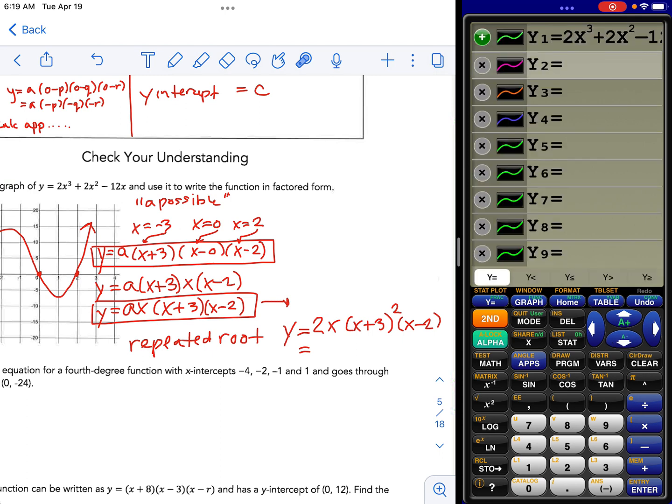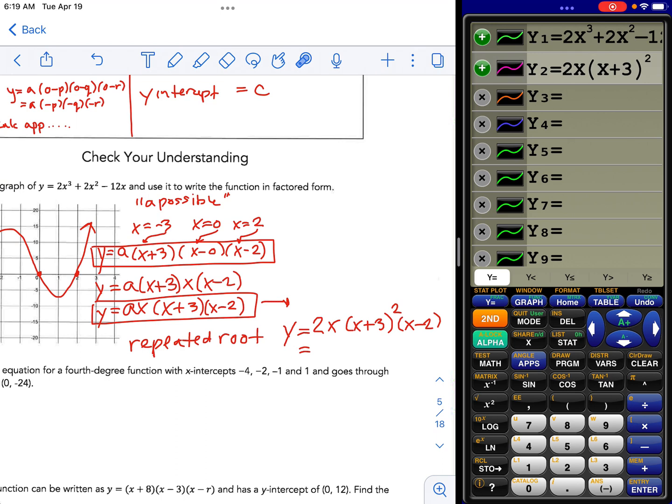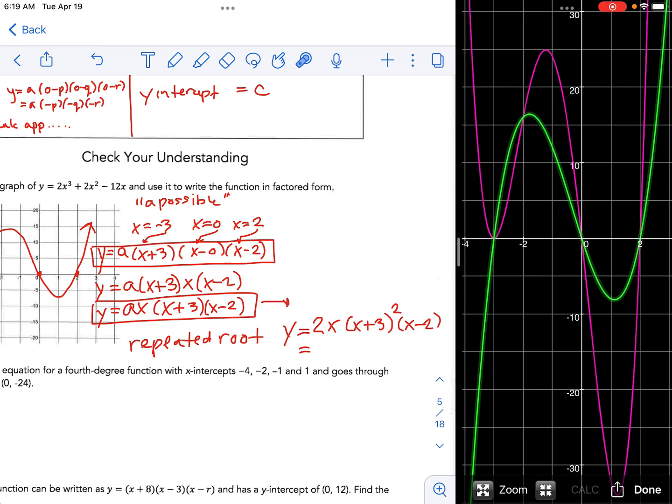And so if I come back and graph that, I'm going to leave the first one graphed. And then I'm going to go 2x times the quantity x plus 3 squared, and then times the quantity x minus 2. So I gave it an extra root, which means it's now a 4th degree polynomial. And so look what it does to the graph.